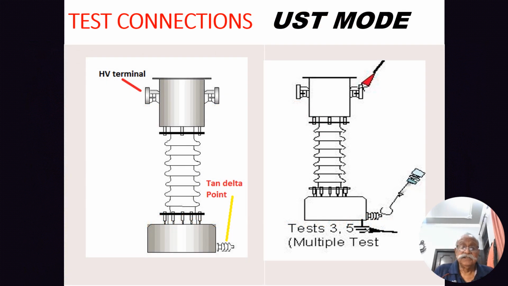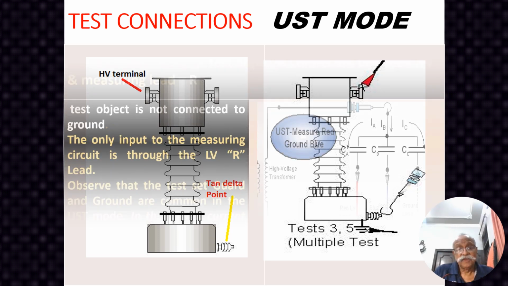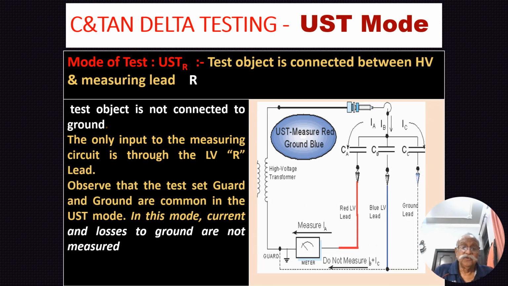In UST mode, this earth point as well as the top point are taken into consideration. And if you look at UST mode, this is a test diagram shown which you have to go through.